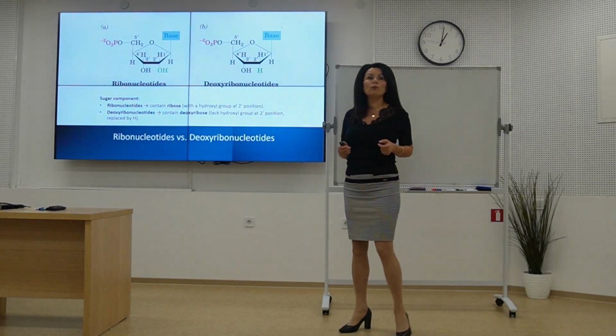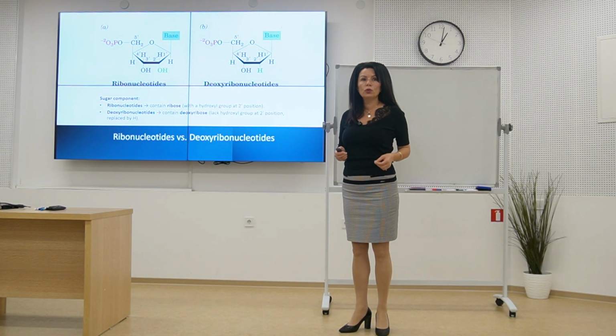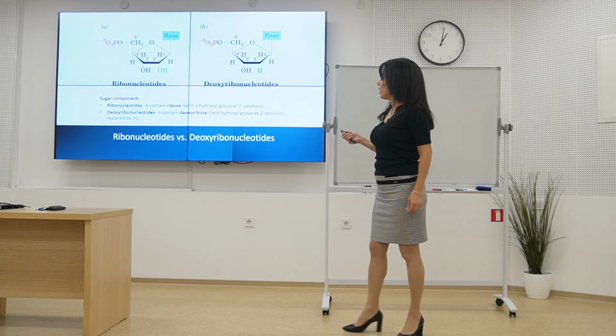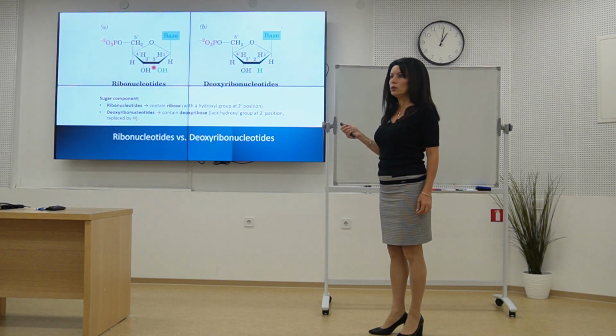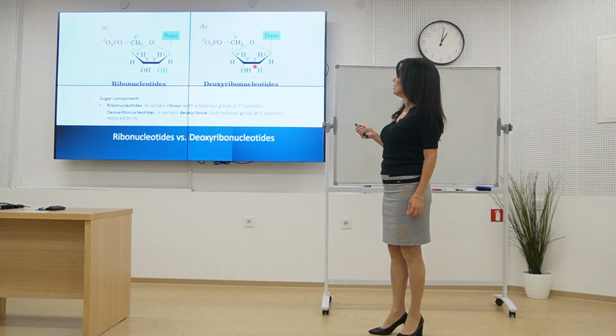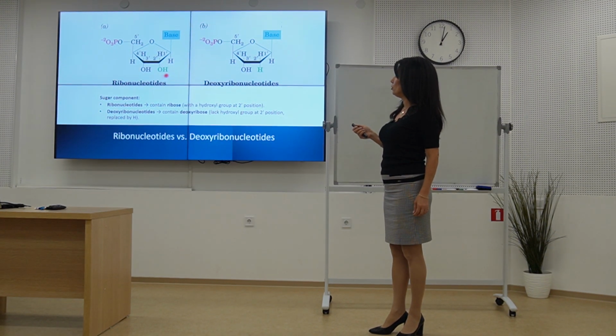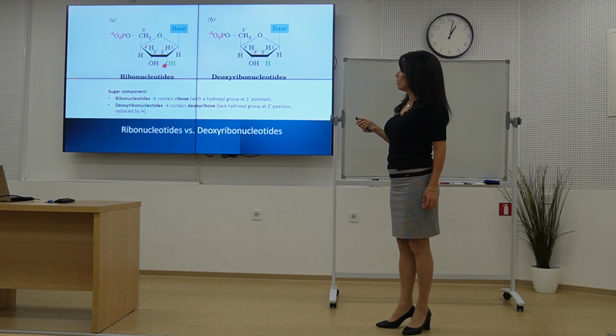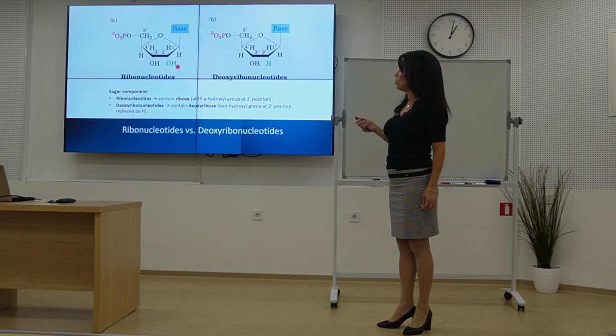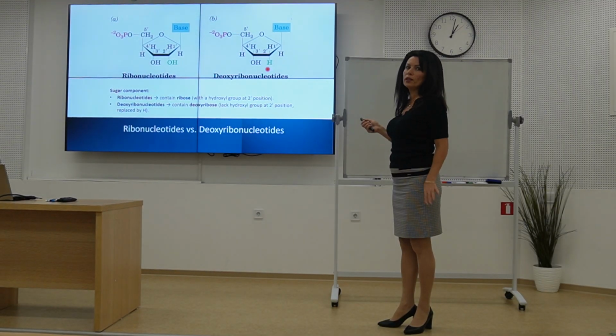Two types of pentoses we have. They can be ribonucleotides in RNA molecules or deoxyribonucleotides in DNA molecules. The difference is only here, at this second position. In ribonucleotides there is a hydroxyl group. In deoxyribonucleotides there is no oxygen.